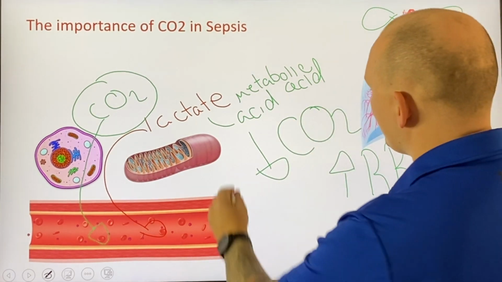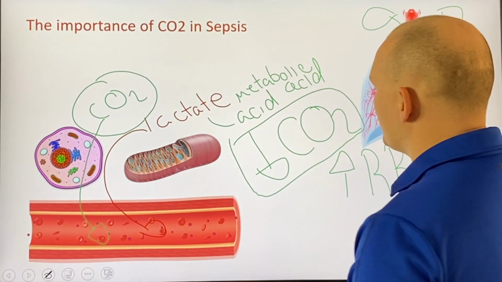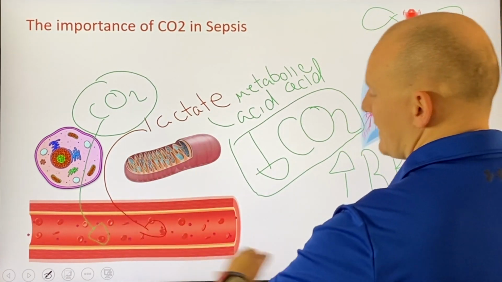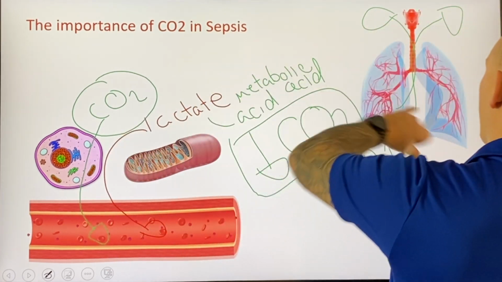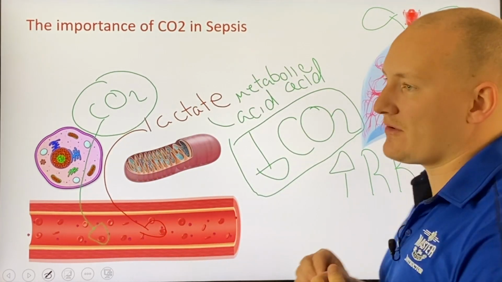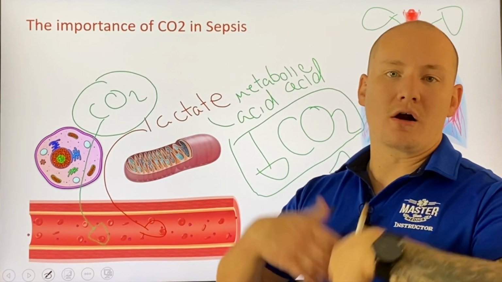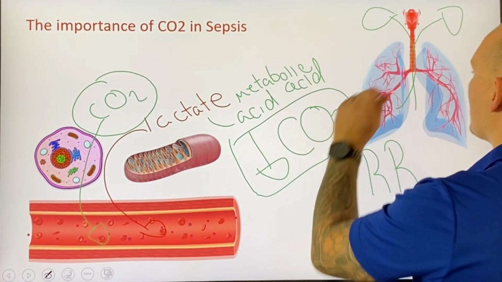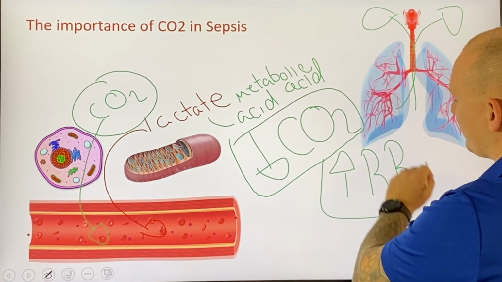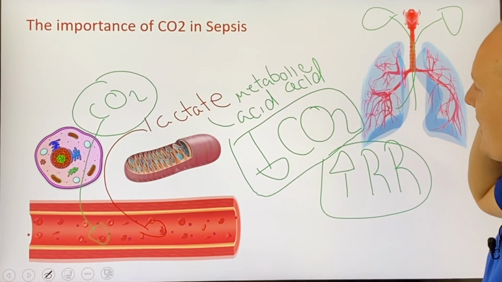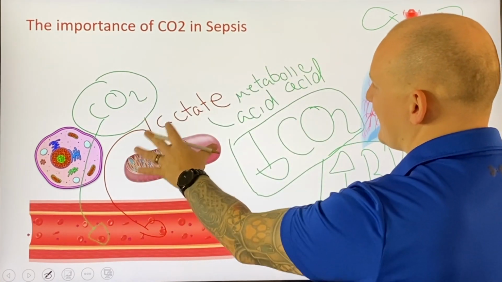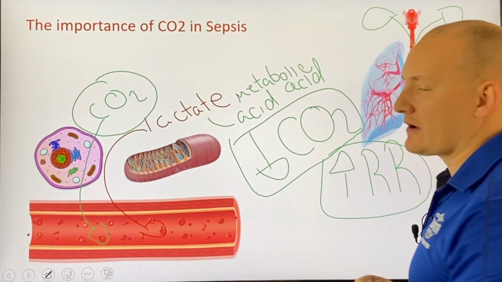The reason we're going to see a decreased CO2 is, one, we have poor perfusion, poor movement of blood throughout the lungs, because we have a lack of fluid within our vessels. That's the first reason. The second reason is that our lungs are increasing the respiratory rate so much that we're trying to blow off as much CO2 as we can in order to minimize the impact that lactate is having on the metabolic acidosis.